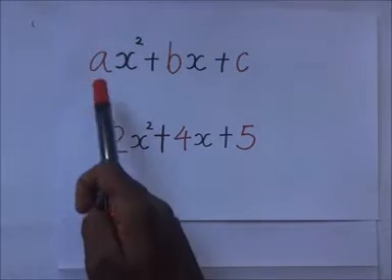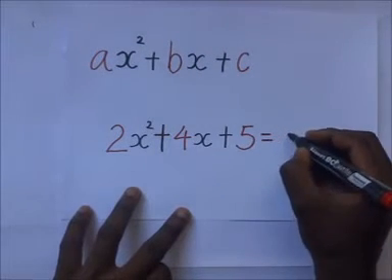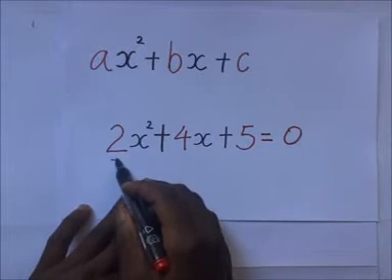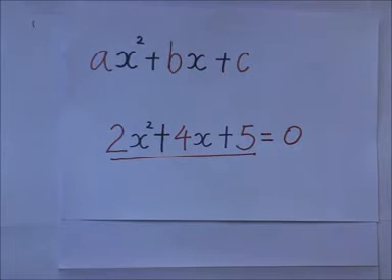Now, when this quadratic function is equated to 0, then it is called a quadratic equation. Meaning if I equate this to 0, then this quadratic function becomes a quadratic equation. In this video, we are going to start looking at how we solve quadratic equations.